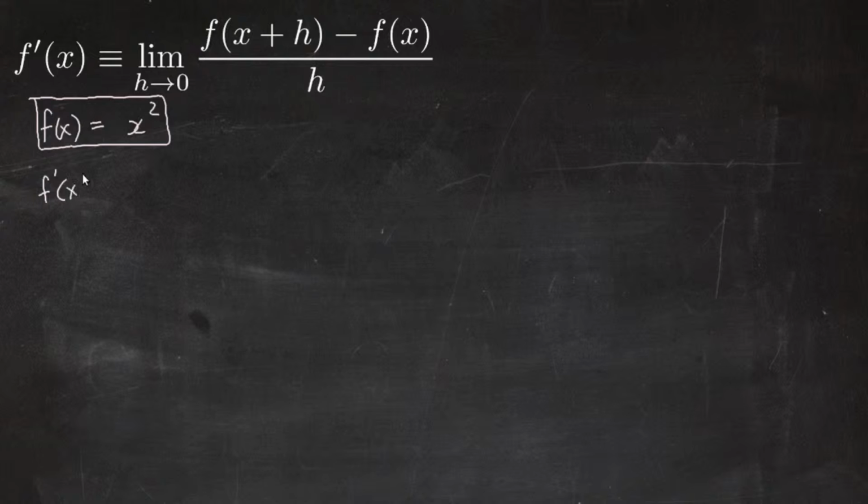Then f prime of x must be f of x plus h, so that's x plus h squared, minus f of x, which we know is x squared, divided by h. And I forgot something very important here: it's the limit as h approaches 0.